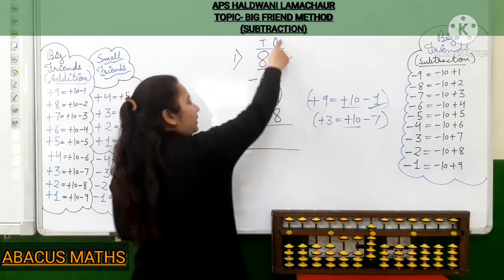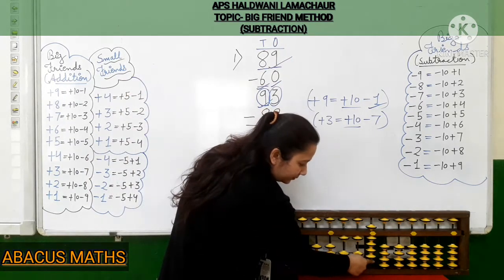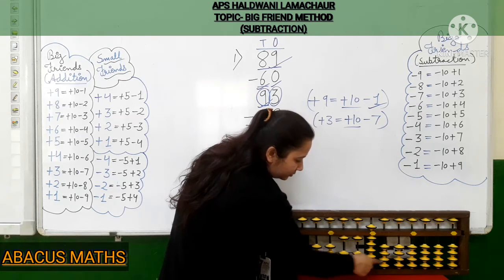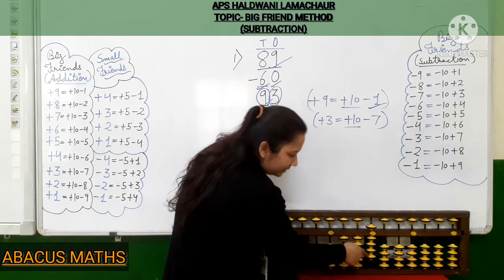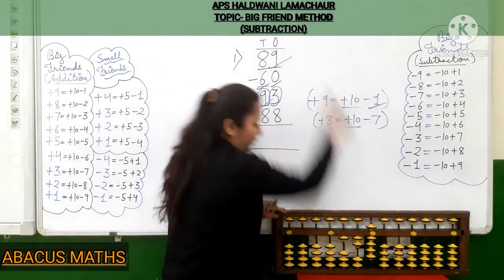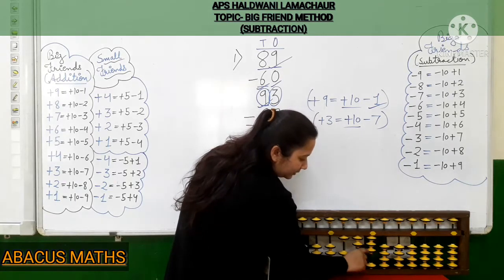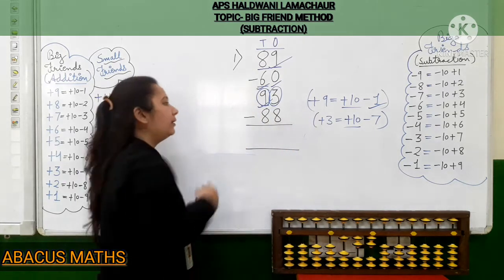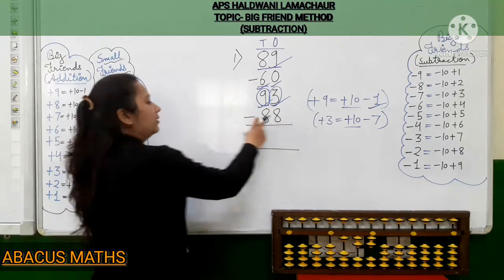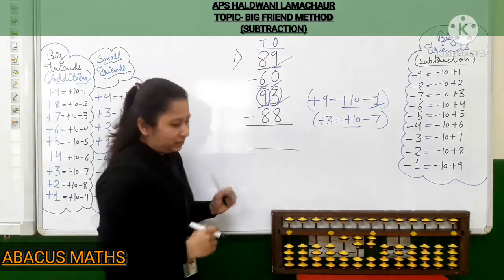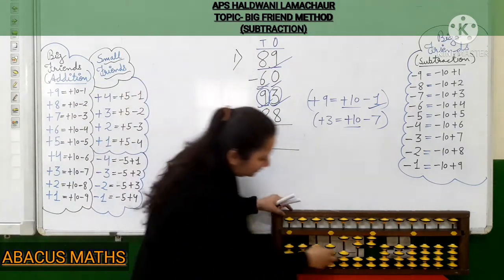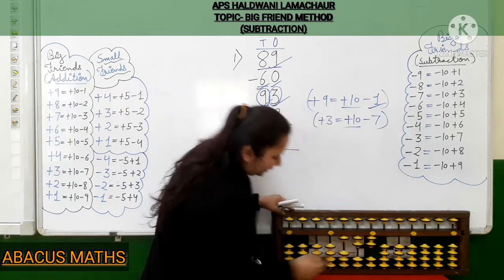For 3 in the ones rod, 10 you will add here, and minus 7 from the same rod. 5, 6, and 3 is added. Next, minus 8 in the tens rod. Now you can see that only 2 is added in the tens rod.